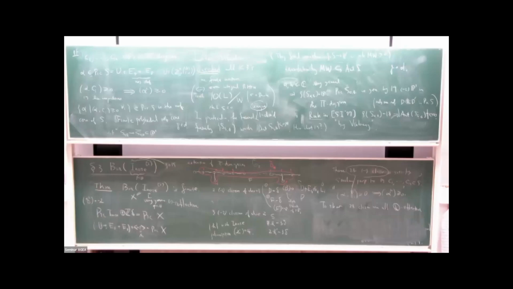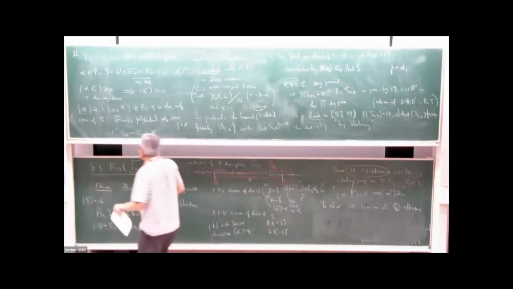X and y are different, but go to the same point of P1. Then this gives a minus 2 divisor, taking the closure. So this is effective, and this is also effective. And the problem remains for these new classes of divisibility 2.